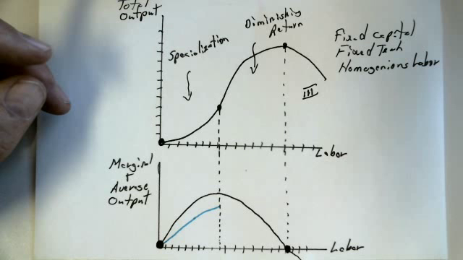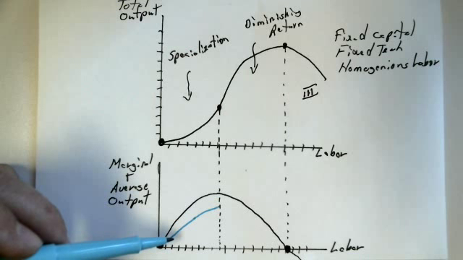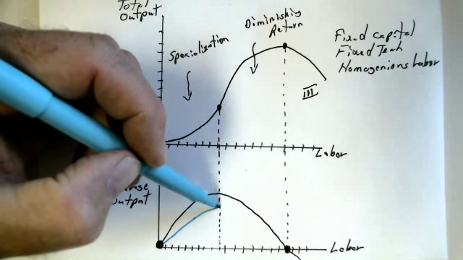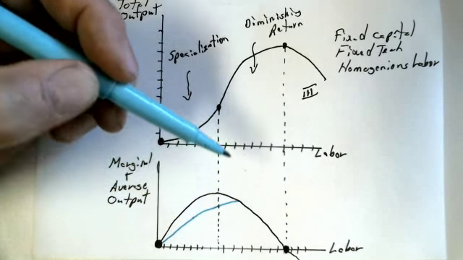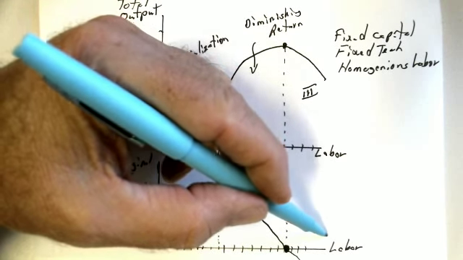When you make a new grade, whether it's higher or lower than the one you made before, as long as your average was less than that, it would pull your average up. And that's the same thing that's going on with this average product curve. So it will continue to rise until it hits the marginal product curve, and when it hits, it will stop rising and begin to fall. It will look like that.